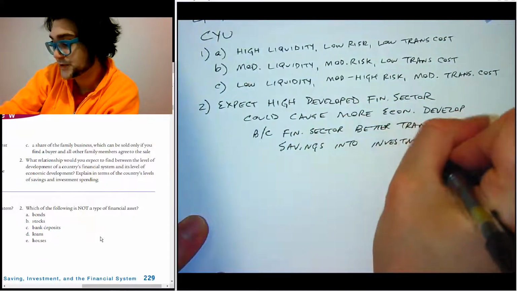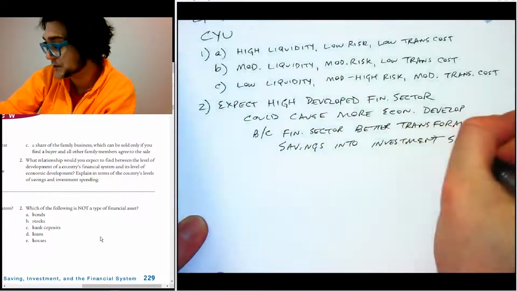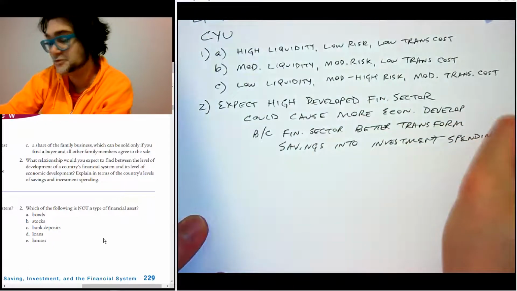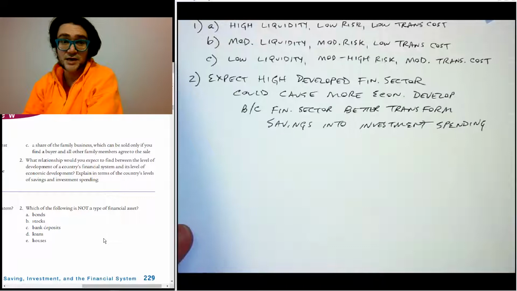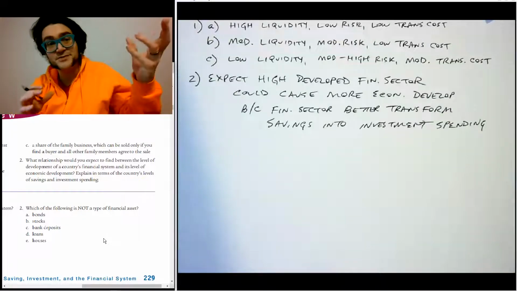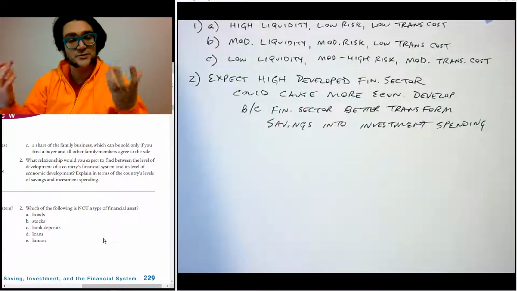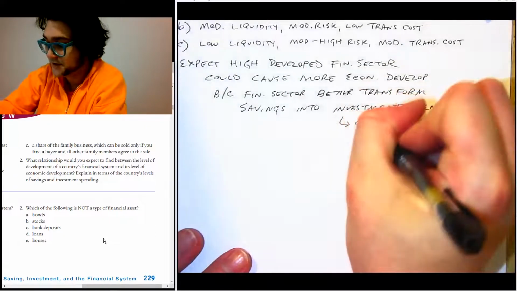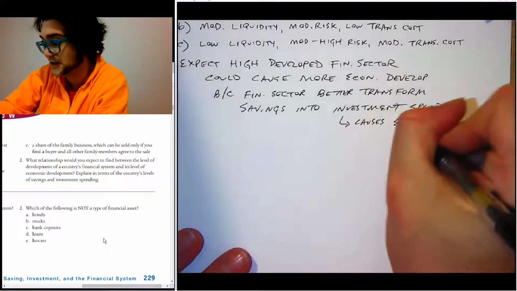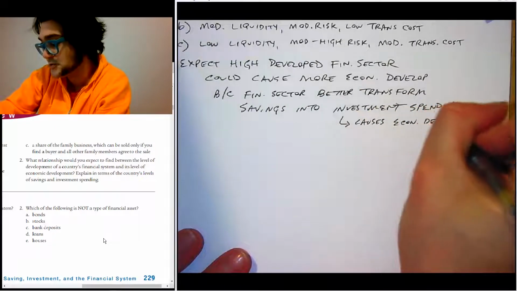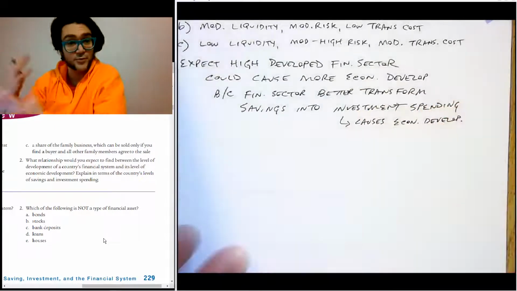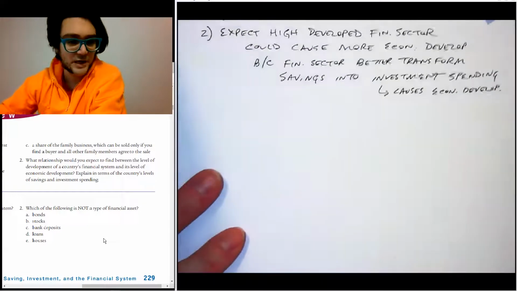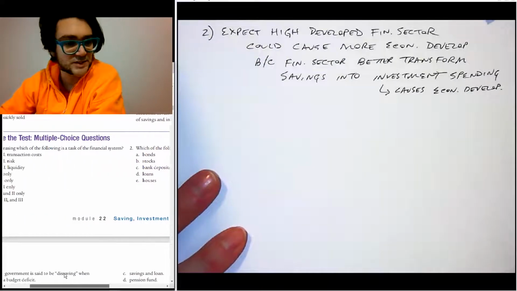And remember that that's a pretty important function of the financial sector. They're not just moving money around, but they're actually moving money from savers to investment spending, which causes economic development. As we learned in the last unit, investment spending contributes to long-run economic growth through more productivity.